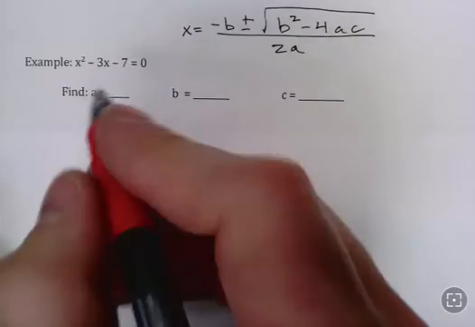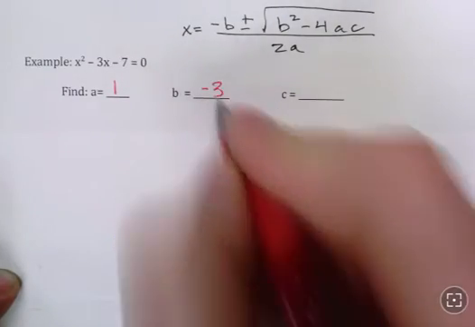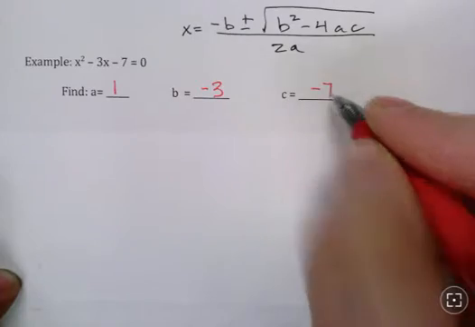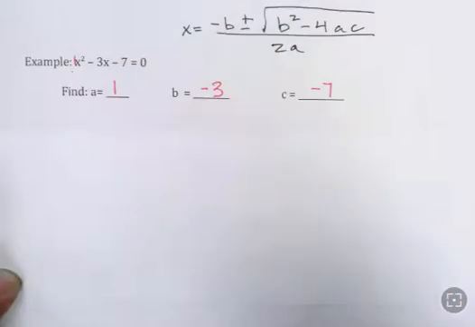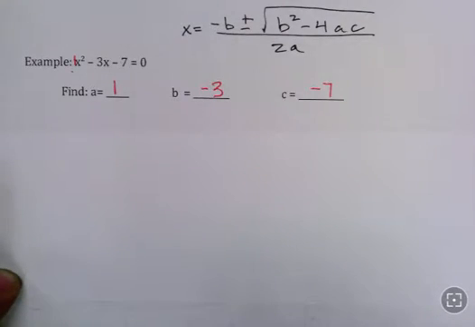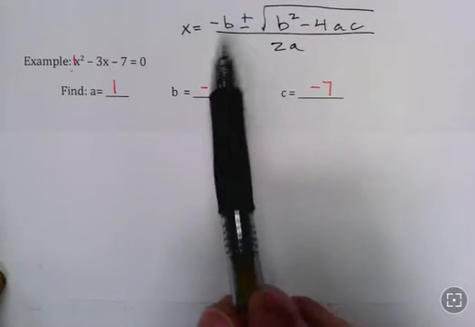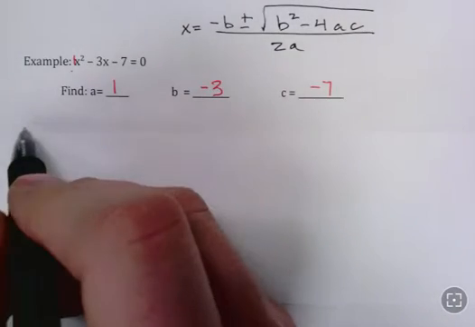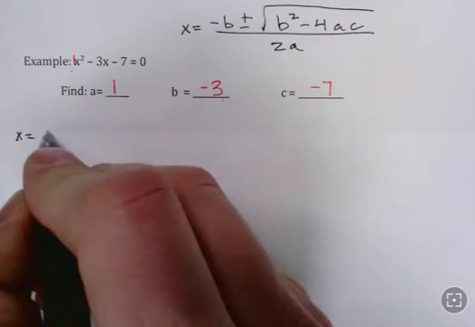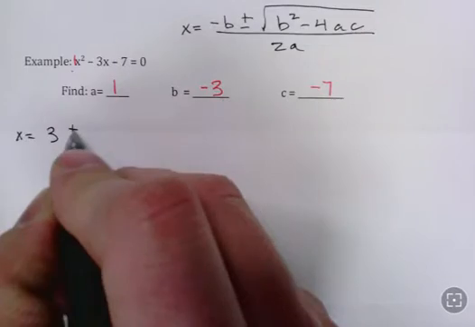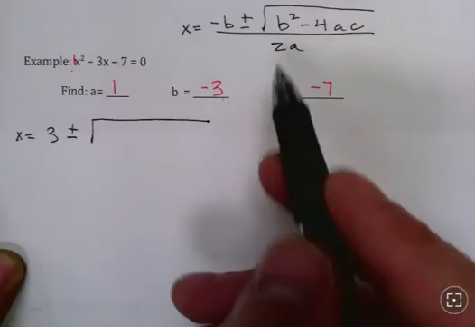So you have to find your a value first, which should be 1. Your b value is negative 3, and your c value is negative 7. So 1, because there's a 1x squared, negative 3x minus 7. Now we're going to put that into our quadratic formula. Remember, it's the opposite of b, so that's where we start. b is a negative 3, so now this is a positive 3, plus or minus the square root of all of b squared.